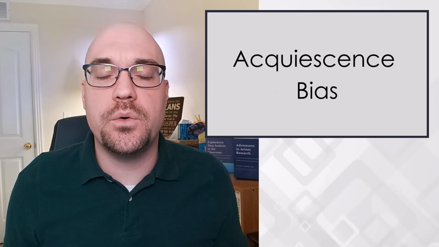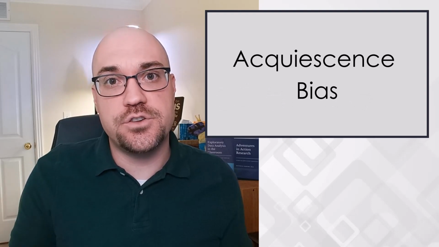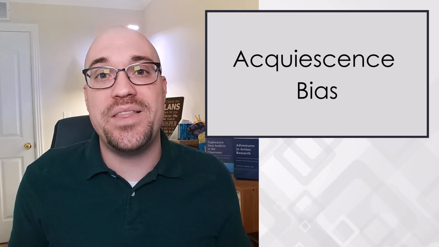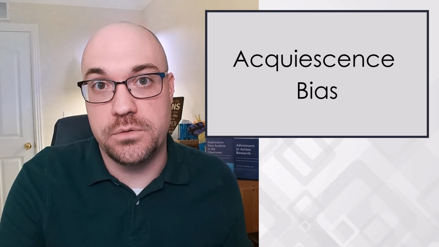Response biases can also be introduced by behaviors from the researchers themselves. One of the most common forms of response bias that is in response to you as a researcher is acquiescence bias. And this is a type of bias that occurs when a study participant, let's say an interviewee, responds in the way that they think you want them to respond.